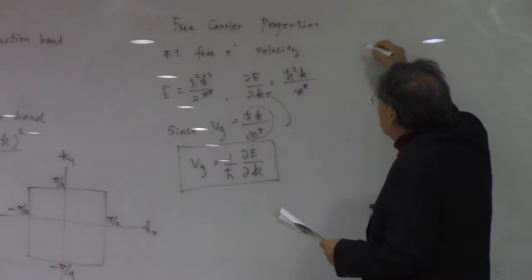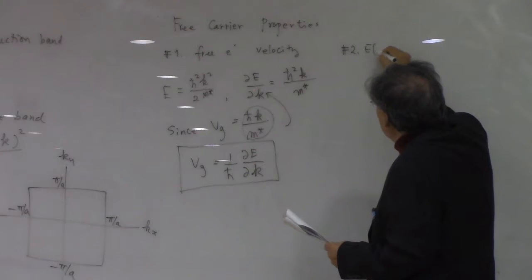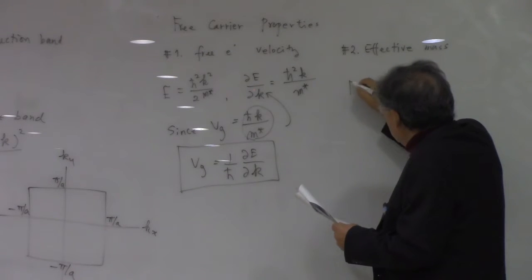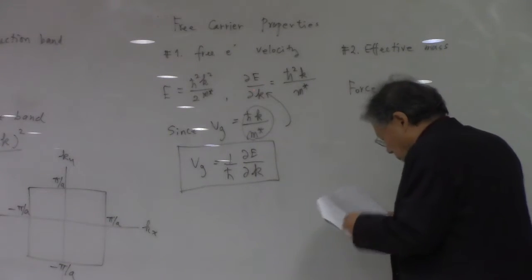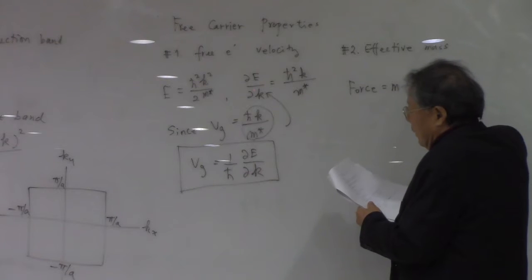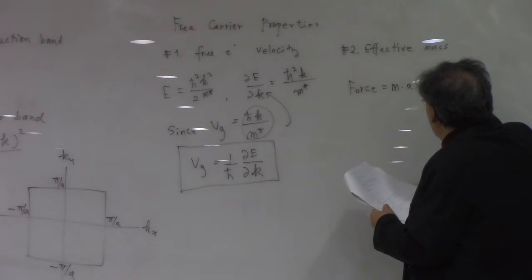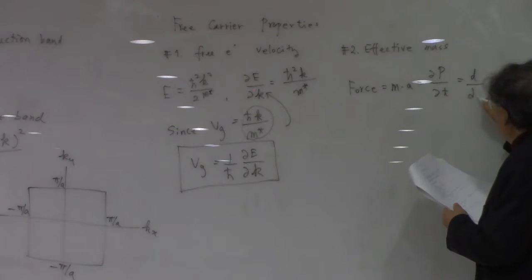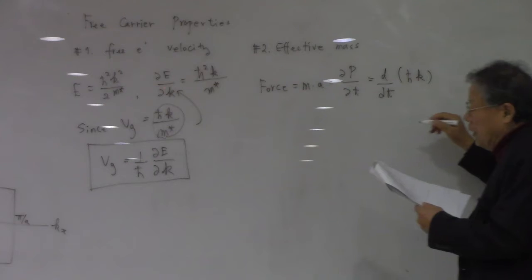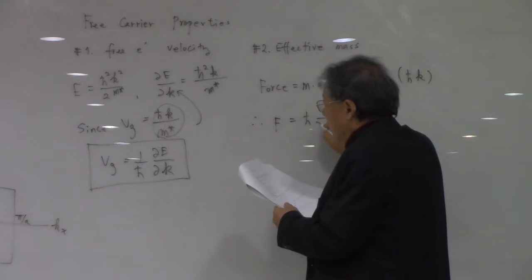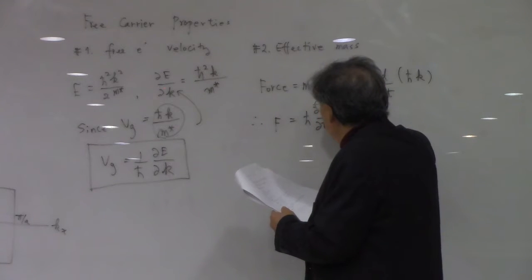What about the effective mass? The force is MA, and that is dP over dT, and we know h bar K is P, so that F now is going to be h bar dK over dT.